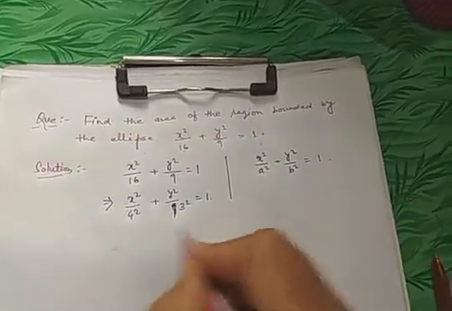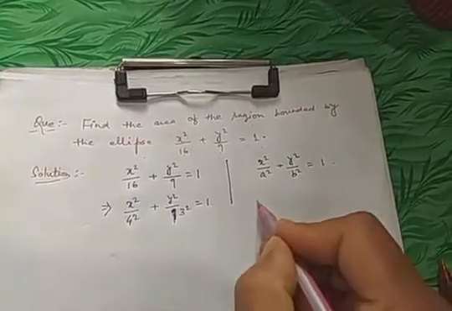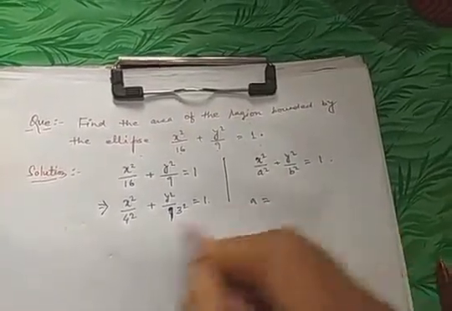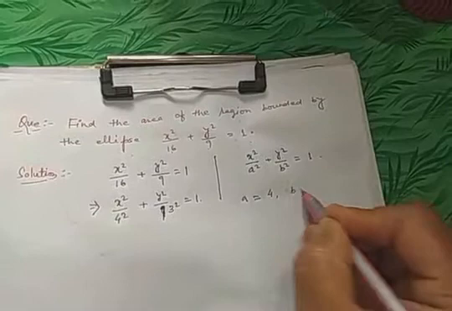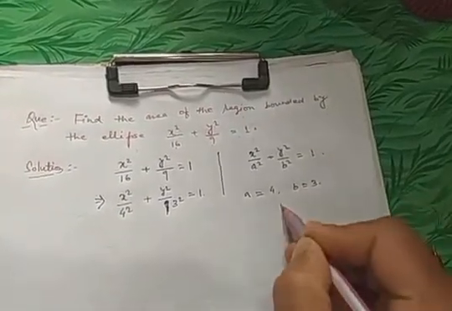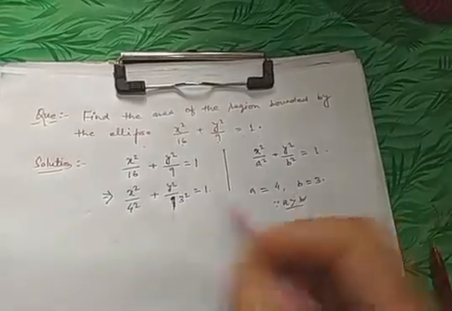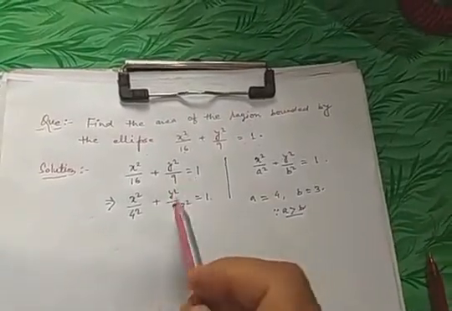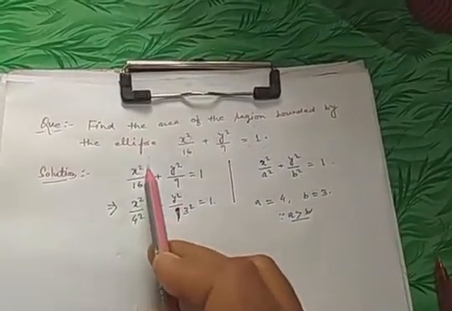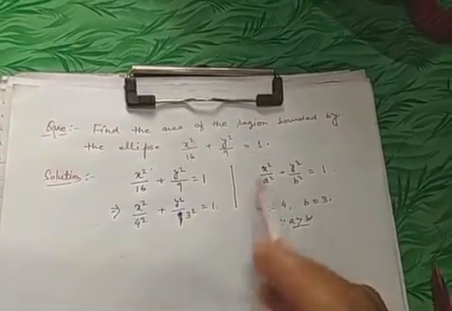Here, students, a is equal to 4 and b is equal to 3. Since a is greater than b, the major axis of this ellipse will be along the x-axis.